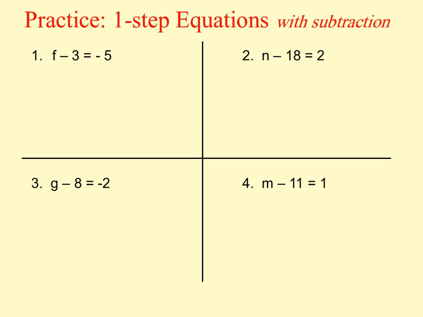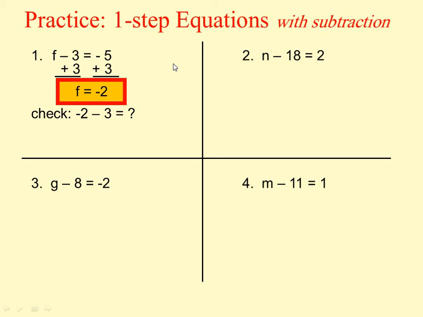Okay, now here we are talking about subtracting. Here what you will do is the inverse operation of subtracting, which is addition. Yes, and we can check. So my solution is correct. And try to answer this before I give you the answers, please.